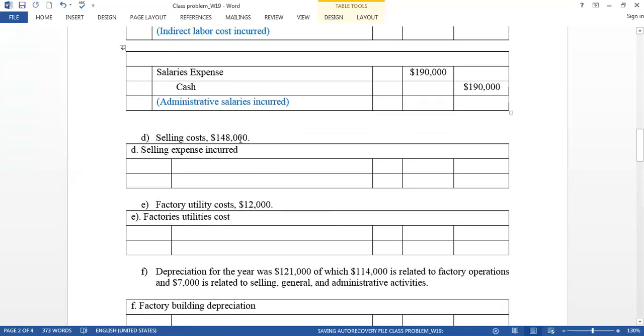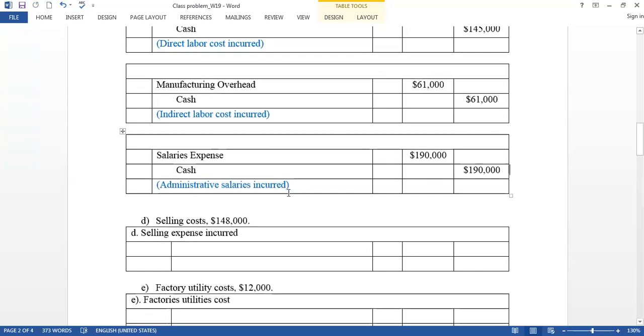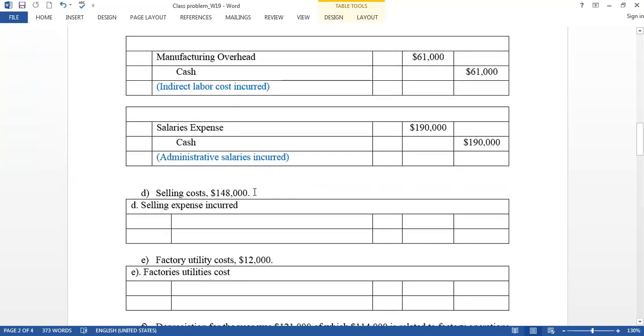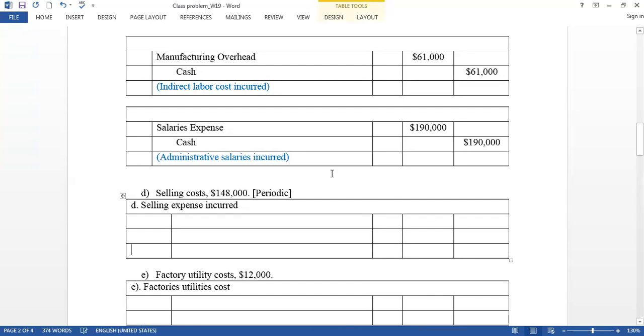Now number D, selling cost, $148,000. Again, selling cost is part of periodic cost, not the product cost. So what is the journal here? Okay, this kind of journal.